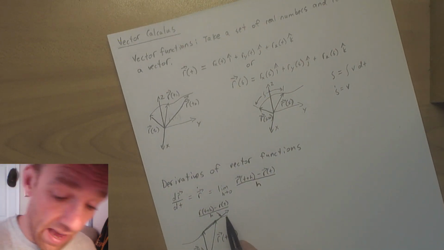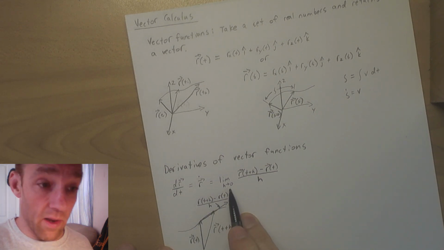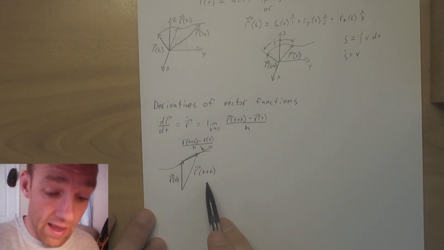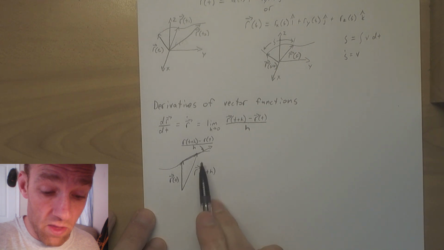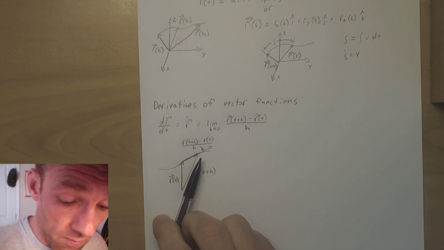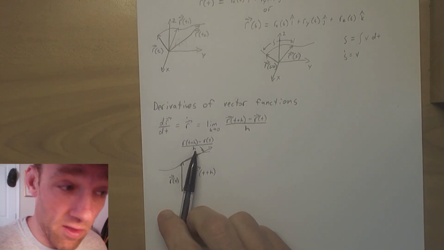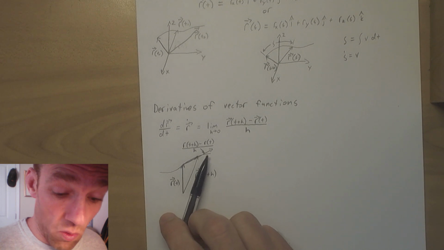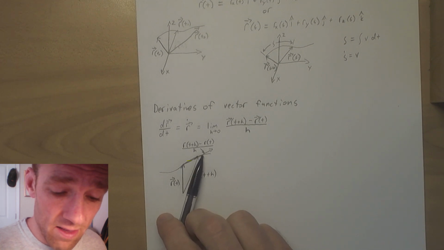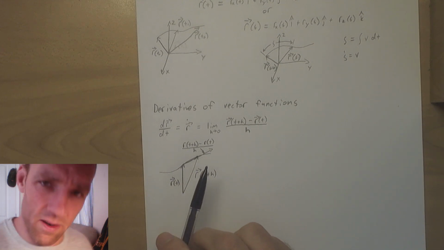Okay, and then as h approaches 0, so we take the limit as h goes to 0, this vector slides over and gets closer and closer to this vector. At the same time, it's being divided by the step size h. So the magnitude roughly stays the same.